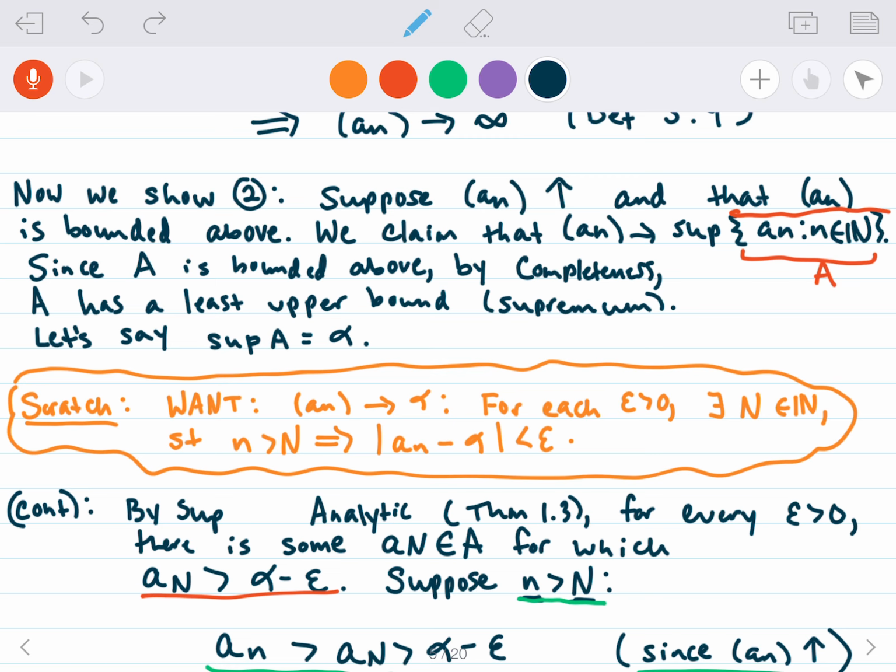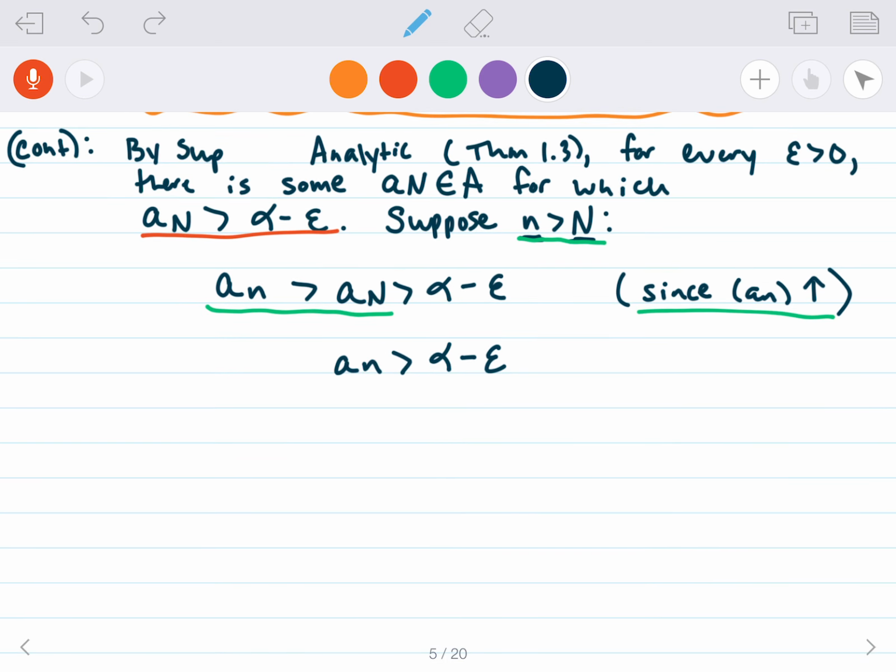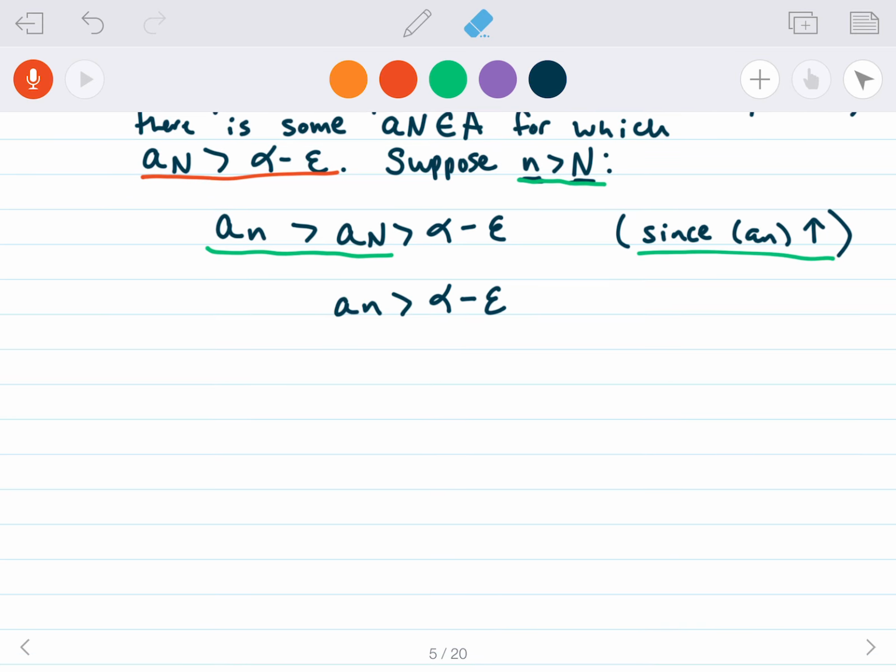Alpha being the supremum means that it's bigger than or equal to anything in the set, any a sub little n. So that means a sub little n is less than or equal to alpha for all n, and that is just because alpha is the supremum of the set A.